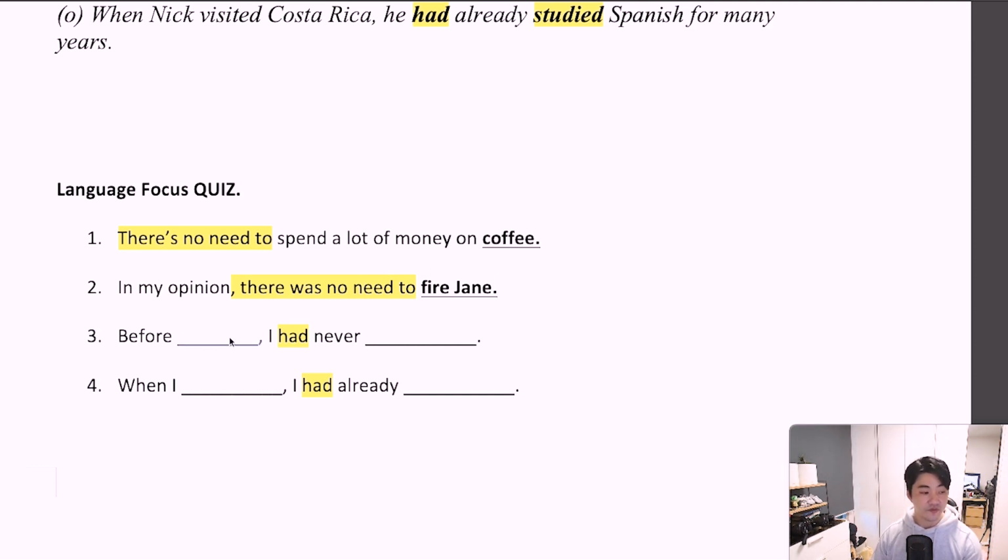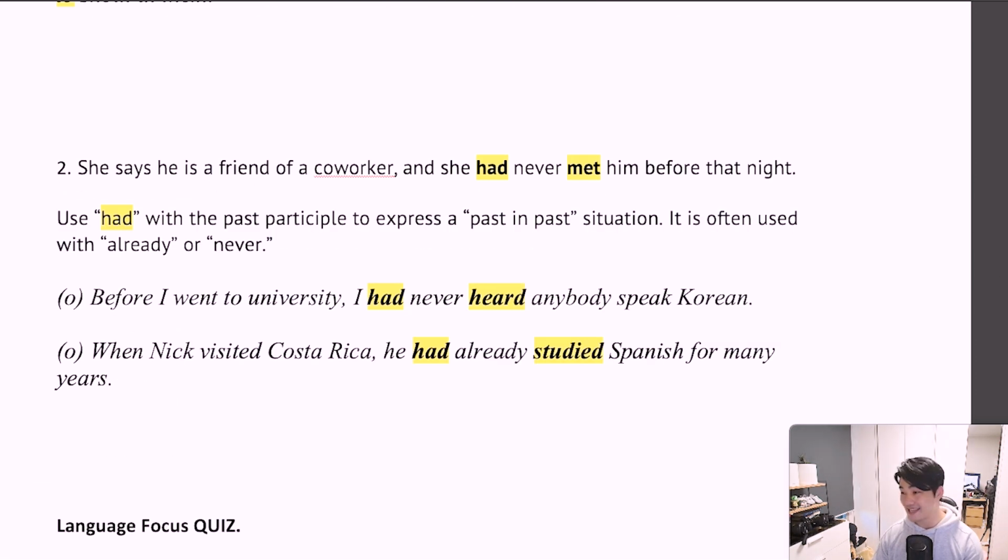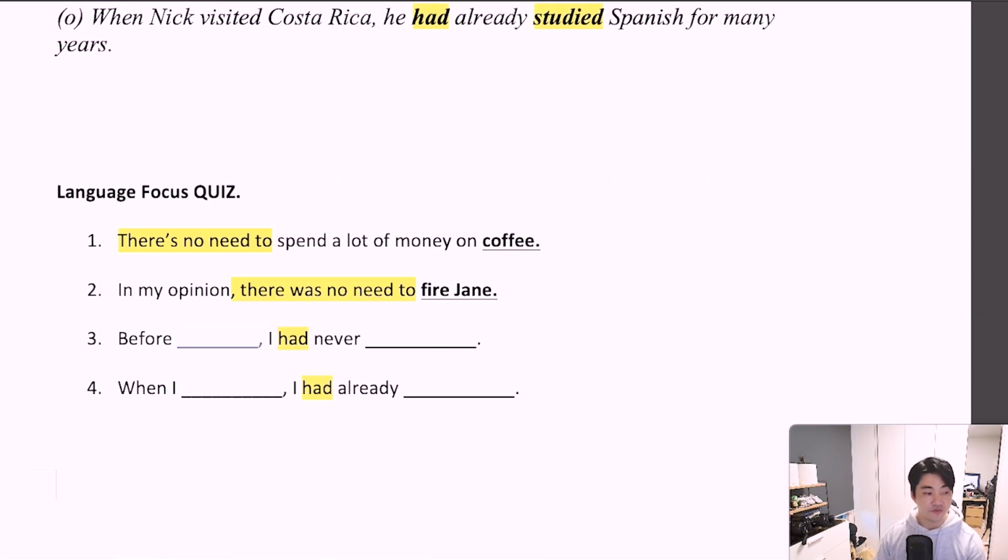Okay, number 3. Before I had never... So remember, if we scroll back up, past in the past, so we said had는 동사의 과거형으로 have와 has의 과거형입니다. So before, I don't know, my 30s, I had never skydived.